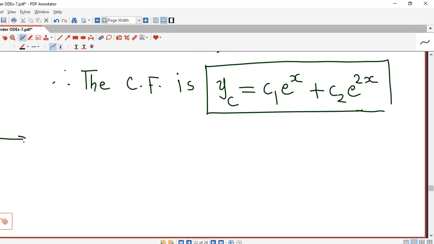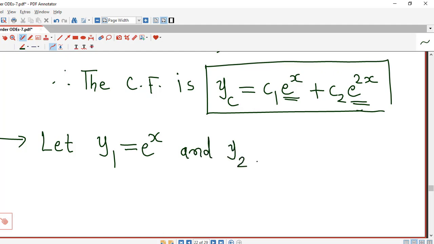Now for the particular solution we first denote these two functions by y1 and y2. So we consider y1 equal to e raised to x and y2 equal to e raised to 2x. Then we have to find the Wronskian of these two functions.